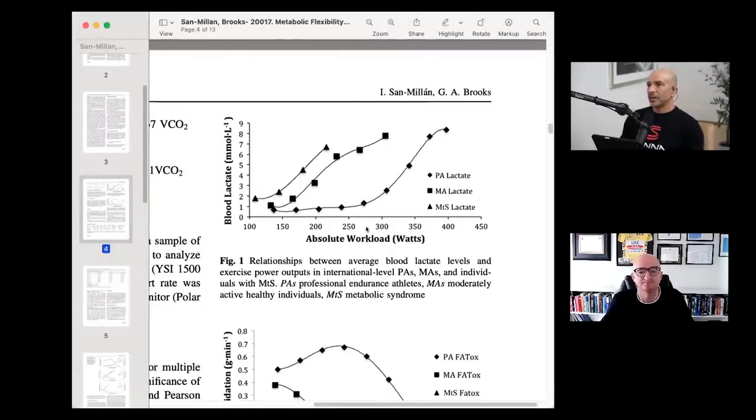Now, what's not captured here is that as you move from left to right, the athletes are getting lighter. So this graph, if I'm going to be critical of it, Iñigo, I would say it should be done in watts per kilo.